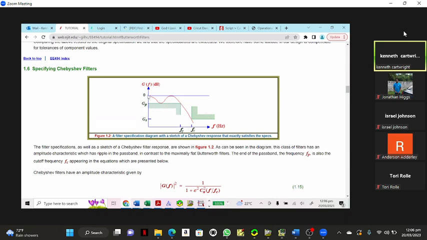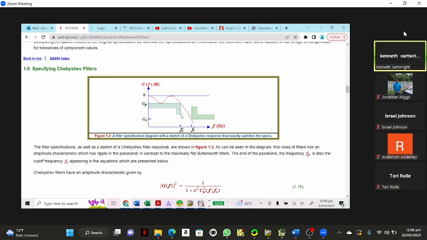If from 0 to GP that's 1 dB, then we call this a 1 dB ripple Chebyshev filter. If this is 2 dB, then we call this a 2 dB ripple Chebyshev filter. So Chebyshev is a family of filters, and we could choose what to make the ripple in the pass band.